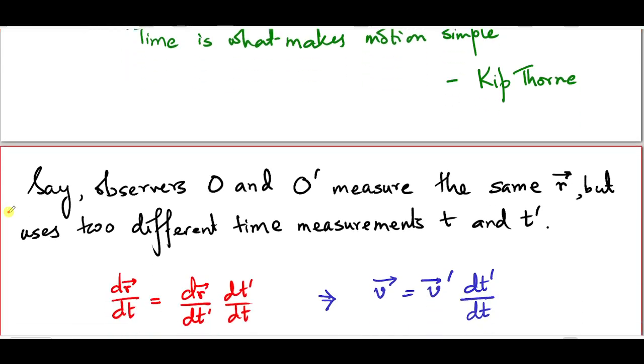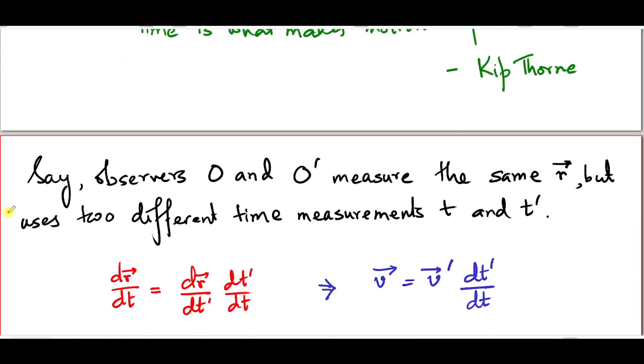Now, given this backdrop, let us try to calculate what velocities or accelerations the two observers will measure. They measure the same r but use different t. So, the first observer, O, will measure the velocity of a particle to be dr vector dt, where r vector is the position vector of that particle, and t is of course the time which O is using.